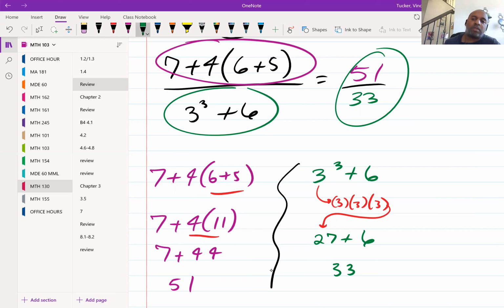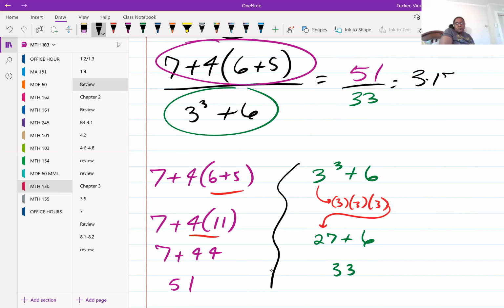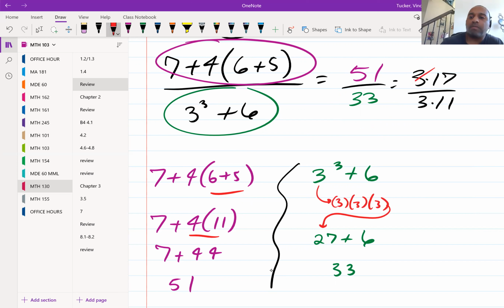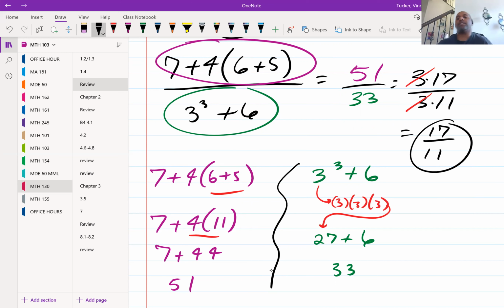Let me see, 51 and 33. Yep, we can reduce it. So this is 3 times 17, and this is 3 times 11. The 3s can cancel, and then it'll be 17 over 11. Now that'll be a final answer.